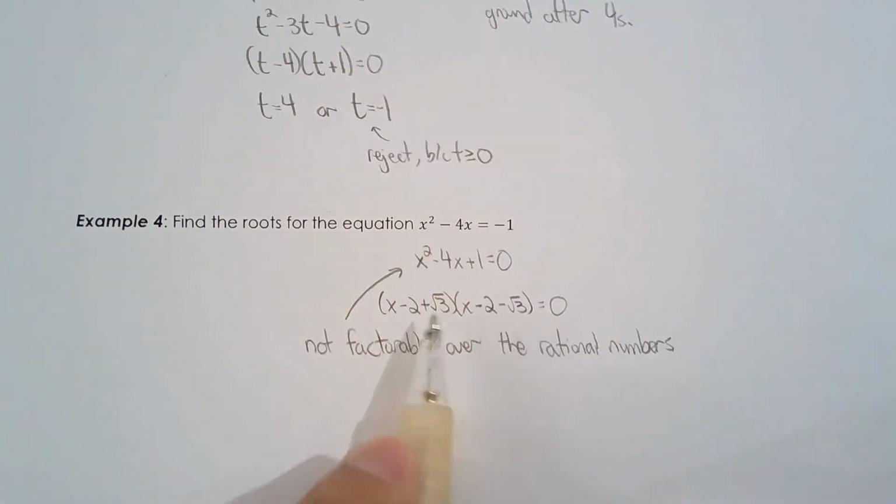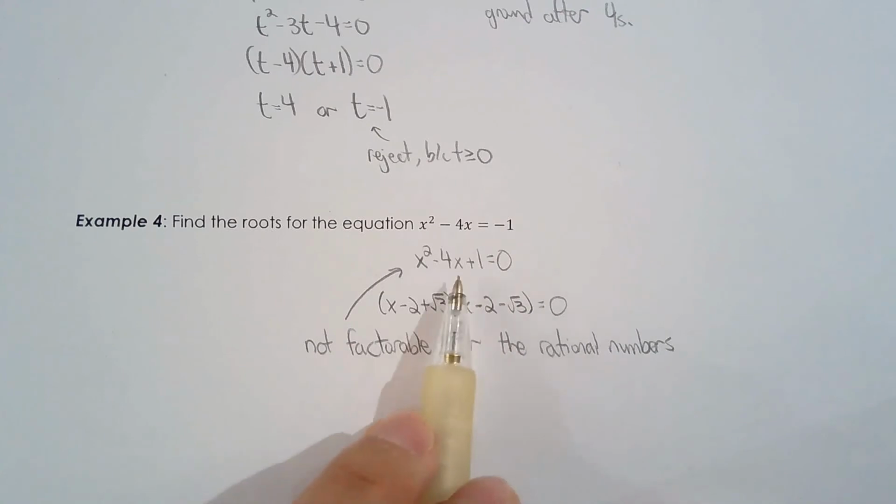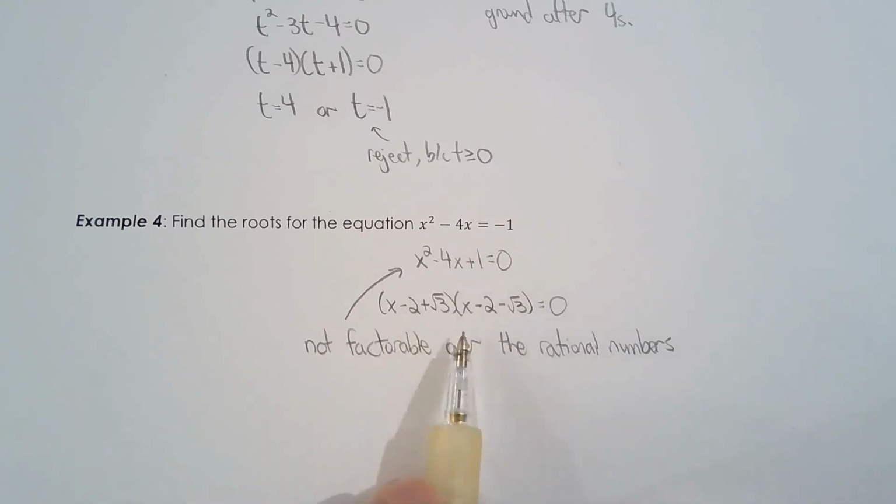What that means is that if you look at the factors, the constant term is an irrational number. It's not a rational number. So you can actually factor this over the irrational numbers. But if you're thinking about rational numbers, then you won't be able to factor it.